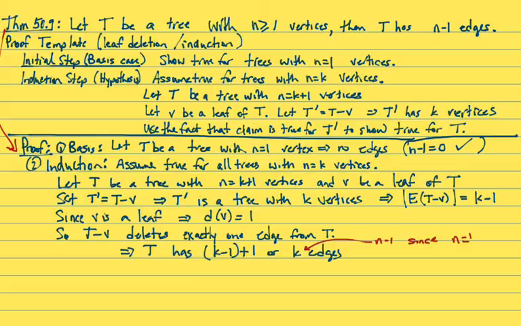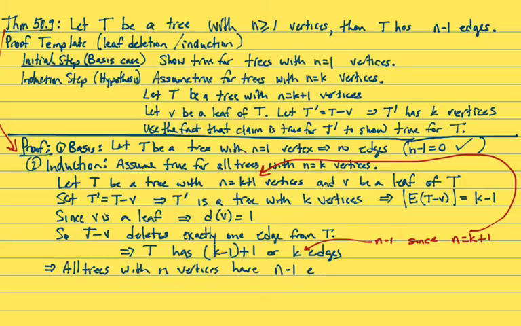That k is what we're trying to prove, right? If this is n, then n minus 1 would be k plus 1 minus 1, or k. I've proved what I needed to prove, that this formula holds now for a tree with k plus 1 vertices. So I proved my induction step. Therefore, all trees with n vertices have n minus 1 edges.